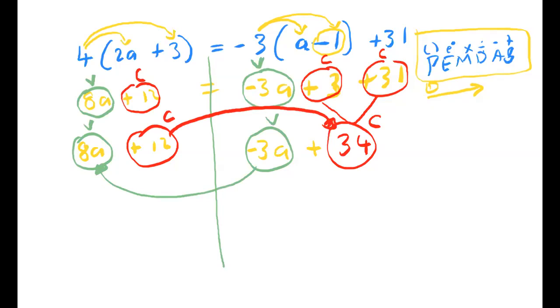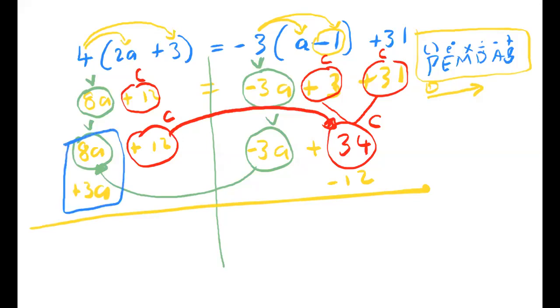Remember, when we move a number across the equal sign, the sign flips. So negative 3A becomes positive 3A. And when we move positive 12 to the right, it becomes negative 12. Now we're going to combine these two. 8 plus 3 is 11A. 12 is gone.